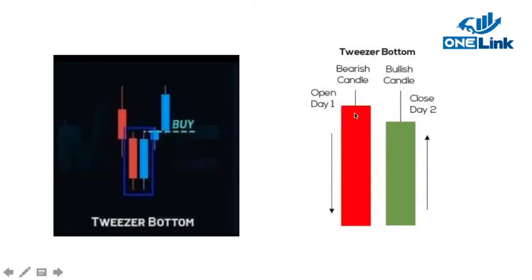When you find a candle like this, similar in height, and even the wick, the shadow, is similar in length, that's a kind of confirmation that you need to look for.